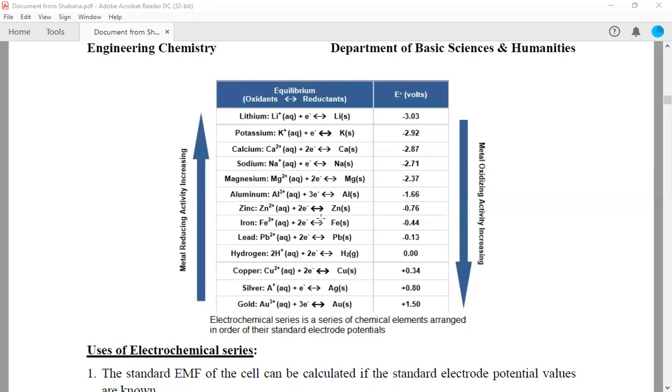So it gives a relative corrosion tendency of the metals as well as the alloys. And it gives the information about the relative ease of oxidation or reduction of the metal. And it also gives the information about the replacement tendency of the metal.